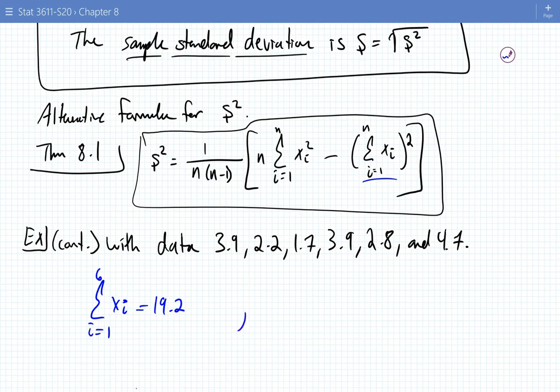Good. Now over here, this is a little bit different, right? This is the sum of each of the observations squared now. So now we're looking at just this component.